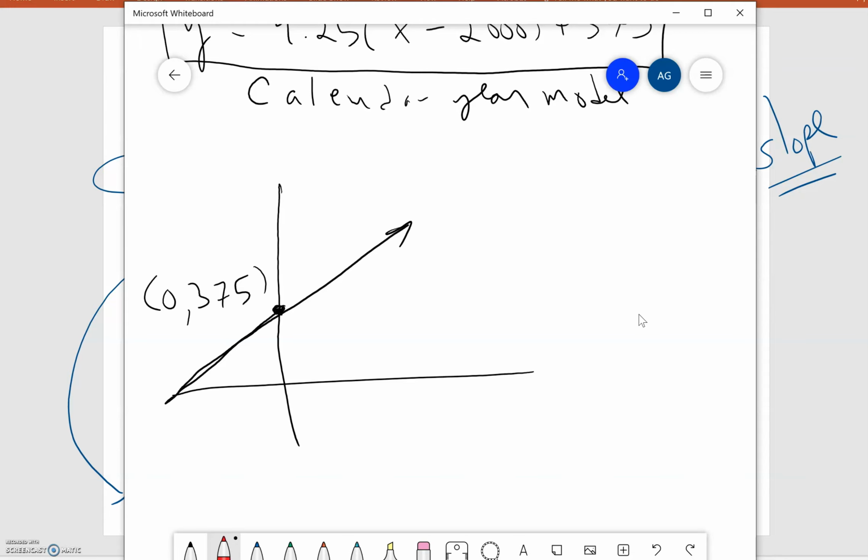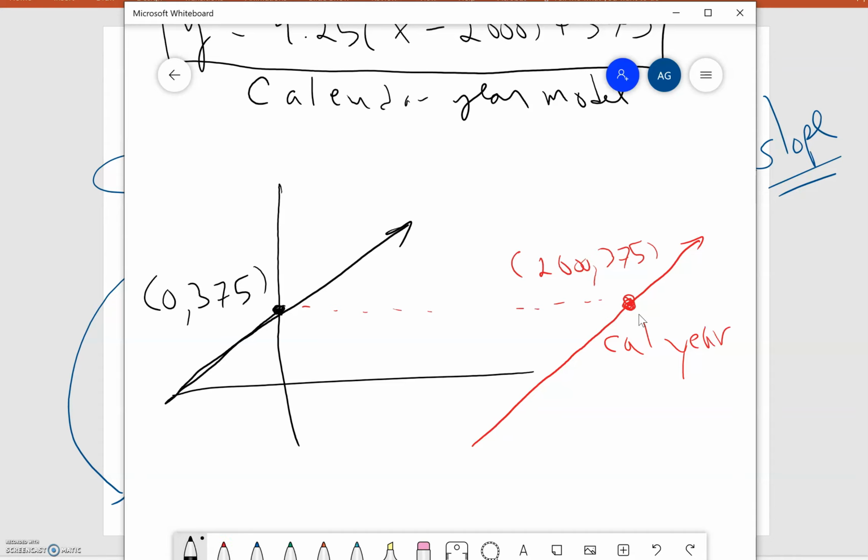But the calendar year is going to be way over here, and that same point that's at the same height, it would now have coordinates 2000, comma, 375. So this is the calendar year, and this is the elapsed time model. So when I say they're parallel, that's exactly what I mean. They are parallel in this regard.